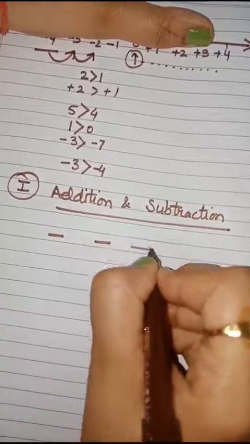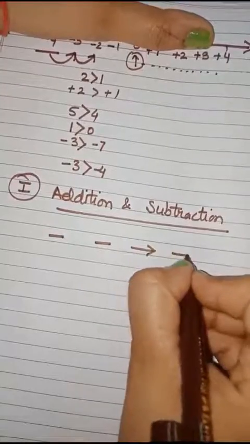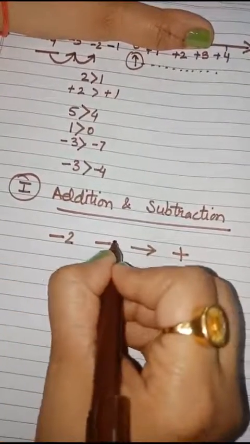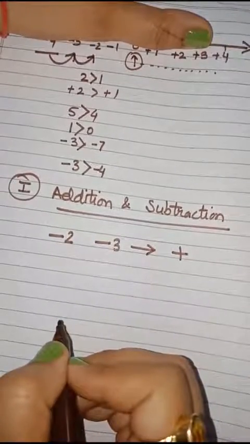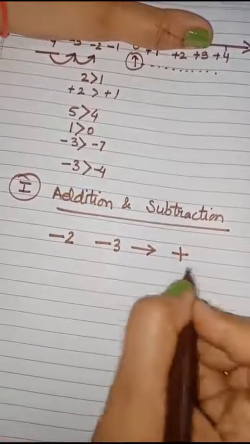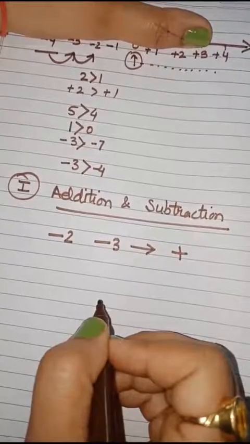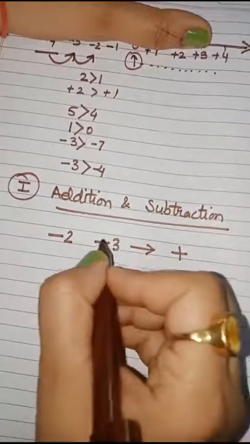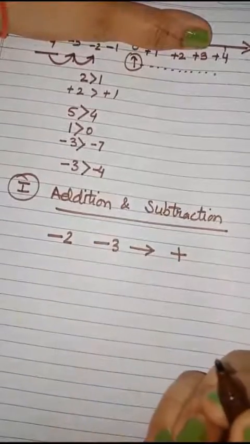Minus minus will be plus. That means if we have two negative integers, then the operation would be addition for them, and the sign which we will put in the answer will be the greater number's sign.